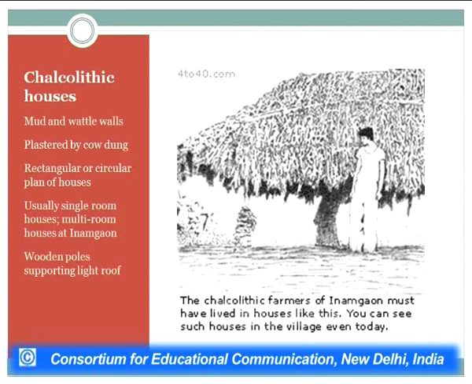These houses, quite unlike the Harappan zone, are made of mud and wattle walls. They are not using bricks, and that is something that you can see in the Indian villages even today. And these walls were plastered with cow dung, which in Hindi is referred to as gobar.